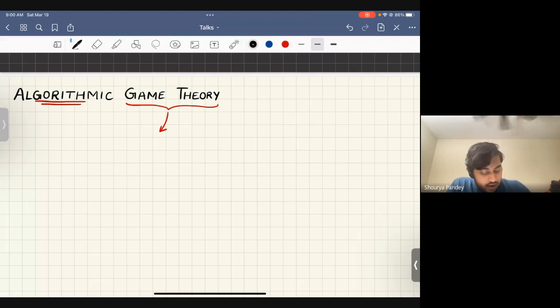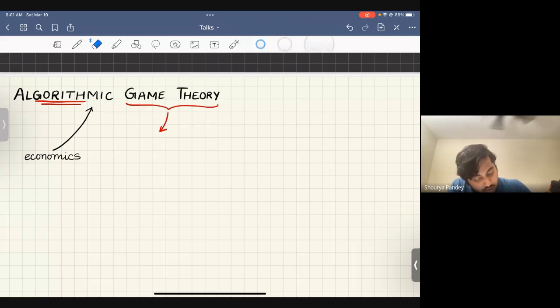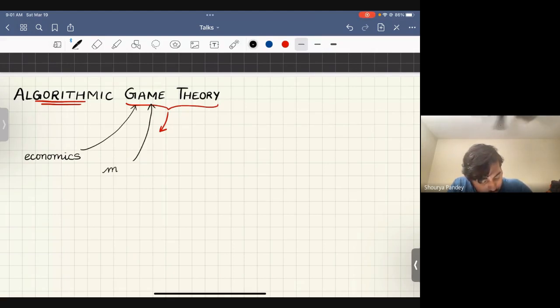It's basically an area that has come from, well, of course, this part, and again, there's mathematics certainly, but recently there's also been a lot of computer science involved with this.